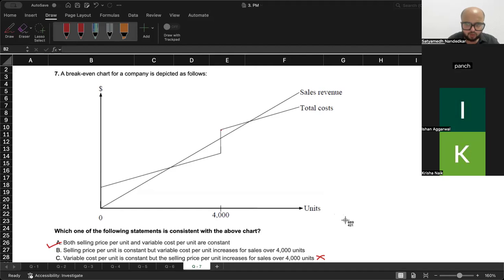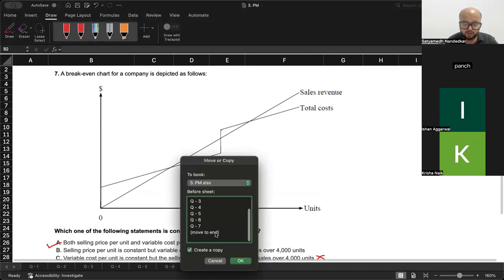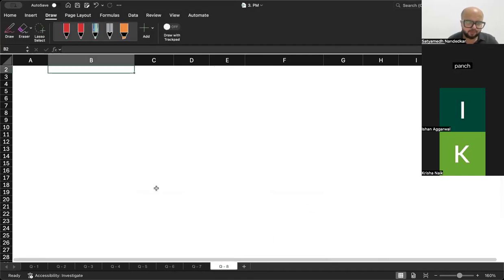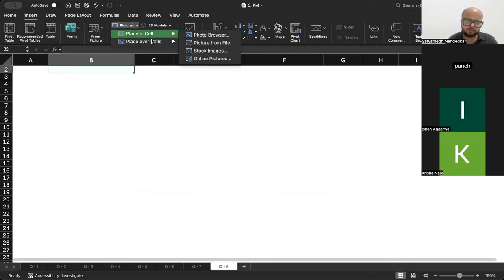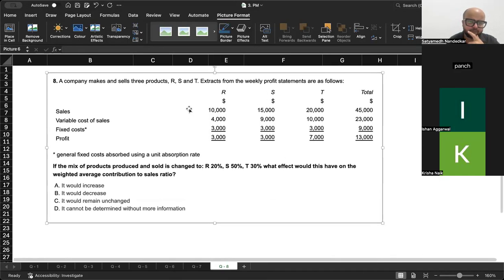Chalo, let's make you do a difficult type question. A bit difficult, not because it's complex, but because there are multiple steps to be done in this question. Observe this. A company makes and sells three products R, S, and T. Extracts from the weekly profit statements are given below: sales, variable cost, fixed cost.